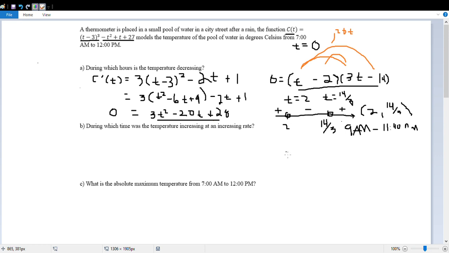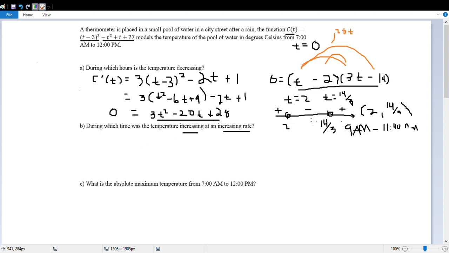I want to know not just when the temperature is increasing, not just when the rate of change in the temperature is changing at an increasing rate, but I'm looking for increasing and increasing rate. So if we're thinking about acceleration, we're talking about a positive velocity, a positive acceleration. We want the temperature going up, and we want the rate of change in the temperature going up.